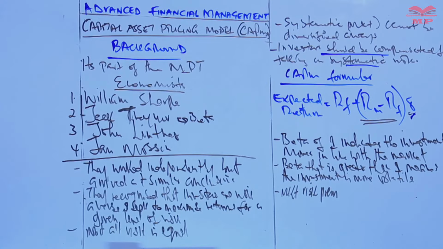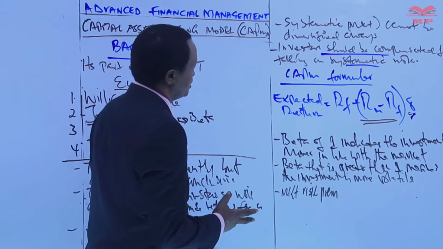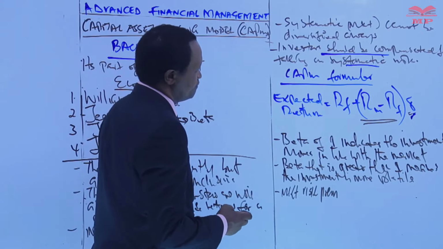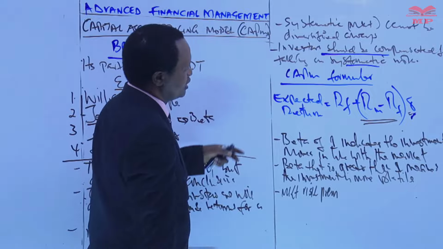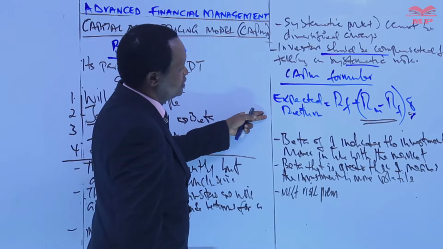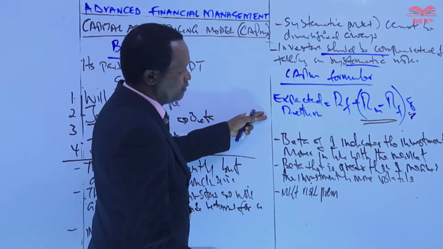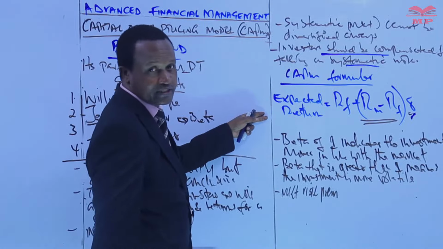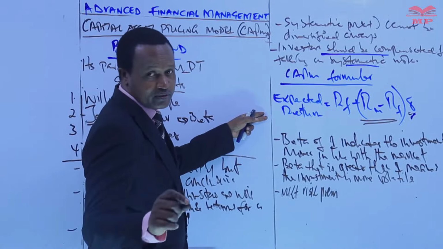Now, I've explained that this theory is simple. This is the CAPM formula. Now, before we do anything else, let's discuss some of the assumptions.